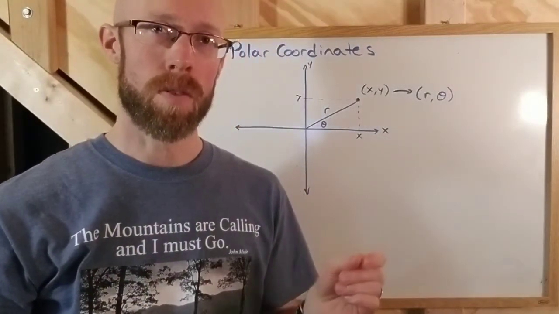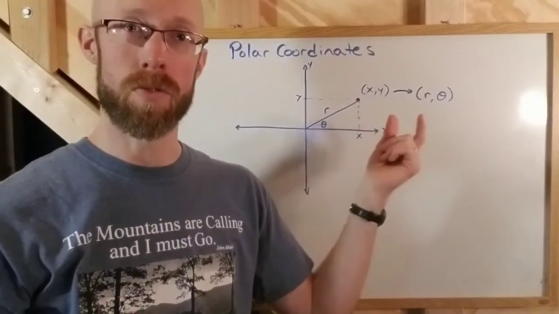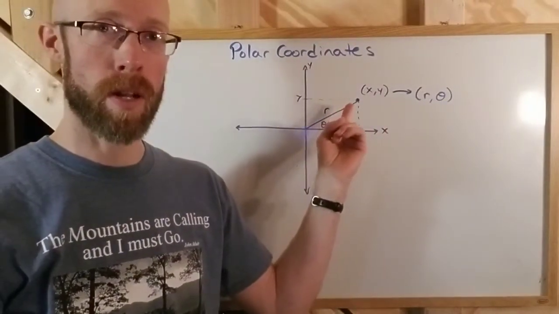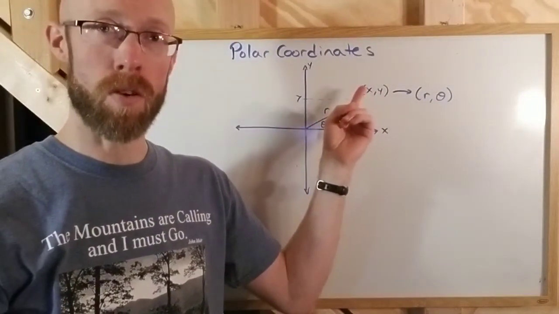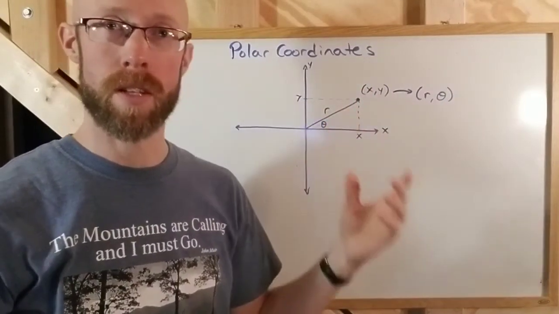And as a result, you don't quite have the unique identification with polar coordinates as you do with rectangular. With rectangular, for every point on the graph, you have a unique ordered pair, and for every ordered pair, you have a unique point. With polar coordinates, that's not quite the case.